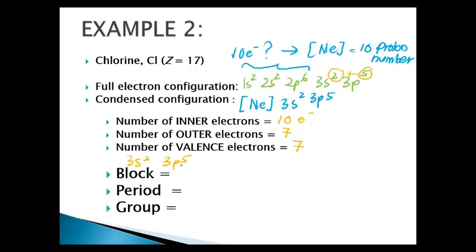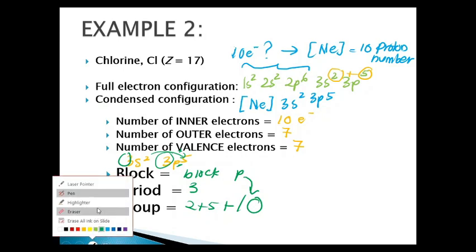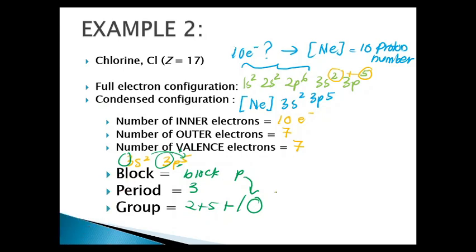So chlorine would have block P, period 3, and group 2 plus 5 plus 10. Remember, for P block you need to add 10 to determine the group. So the group for chlorine would be 17.